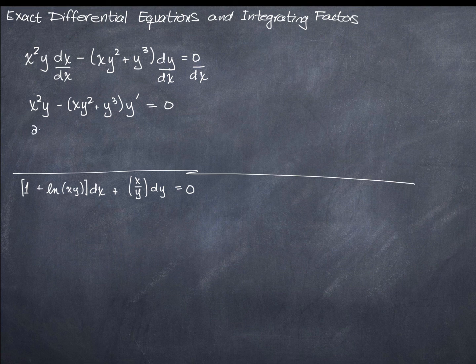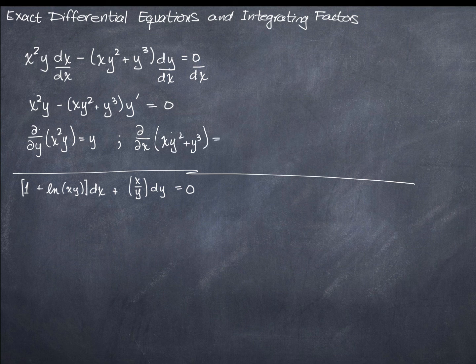So I'm going to take the partial derivative with respect to y of x squared y, and because I'm differentiating with respect to y, x is a constant, that's just going to give me y. And the partial derivative with respect to x of x y squared plus y cubed, y is a constant.